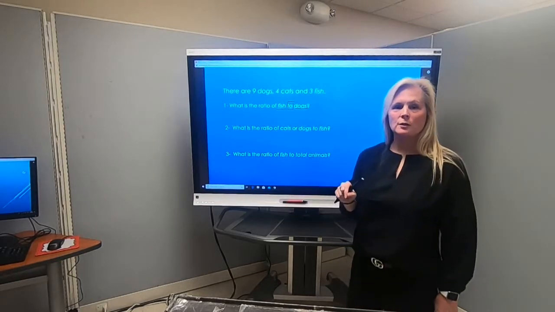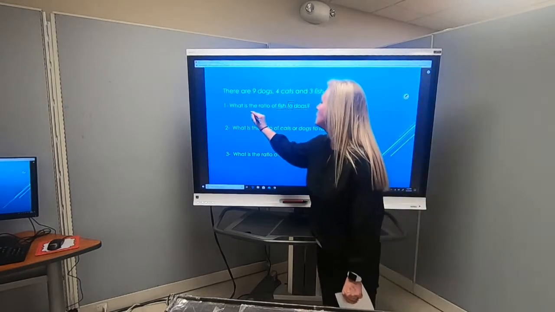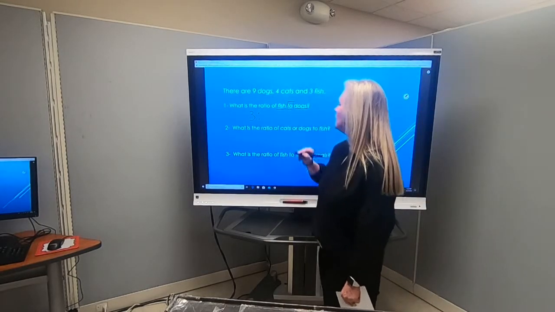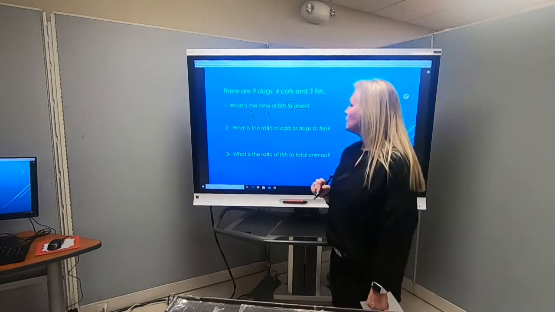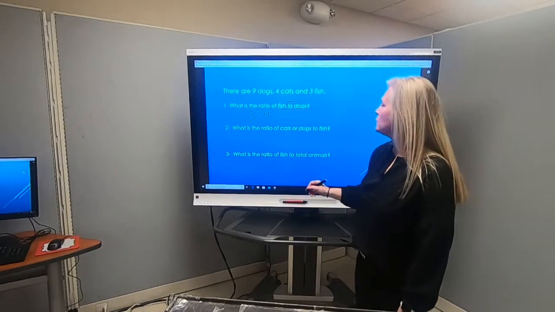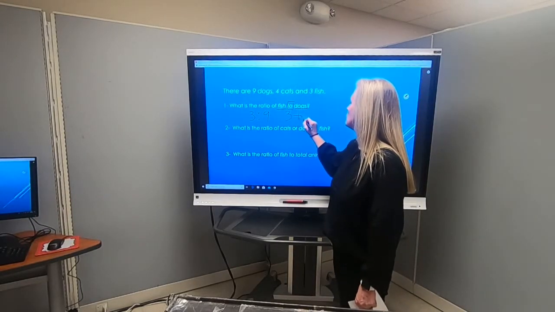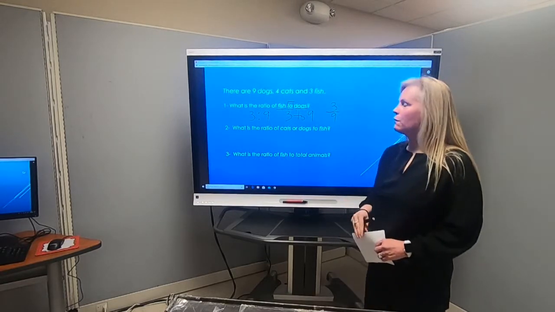Fish comes first, comes before the word to, so that's the number that I'm going to put first. So I know that I have 3 fish. Dogs, I have 9 dogs. So there's one way to write it with the colon. Now remember, our other 2 ways are with the word to and as a fraction.